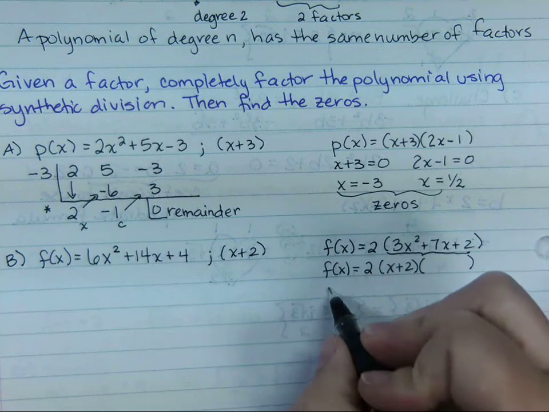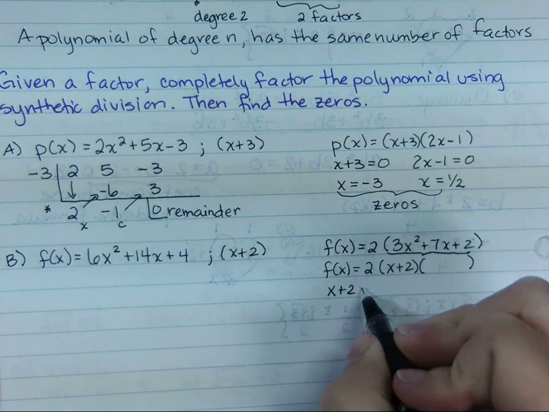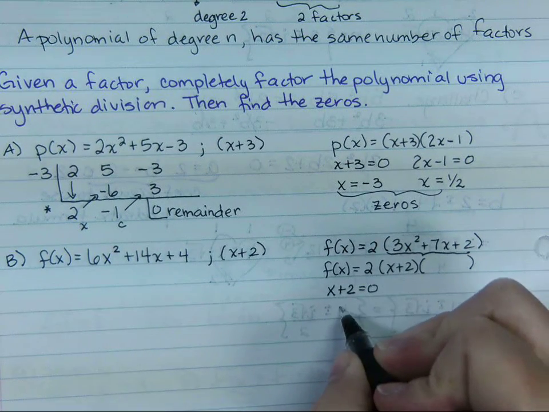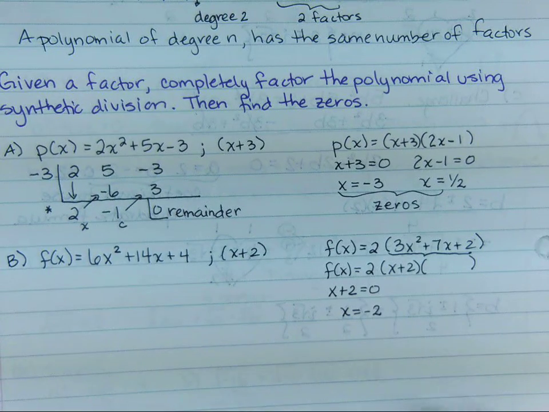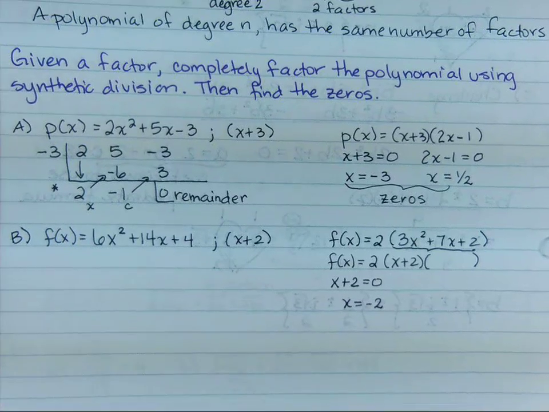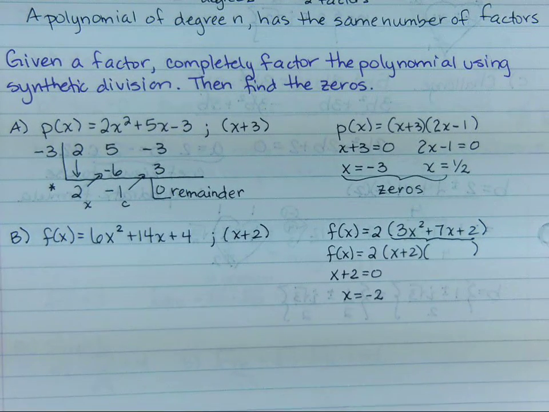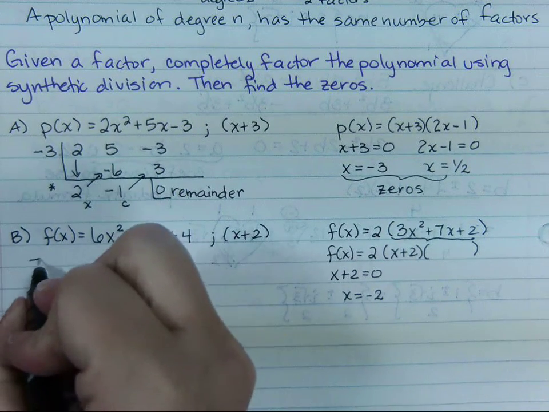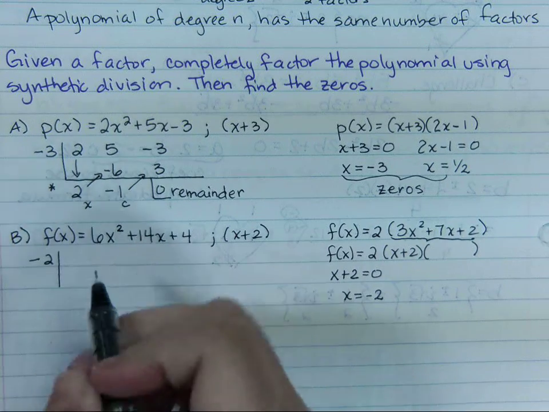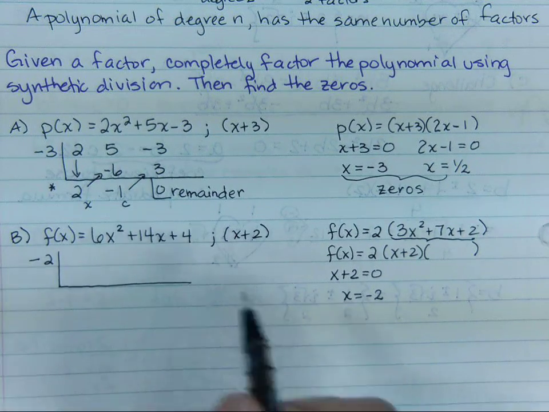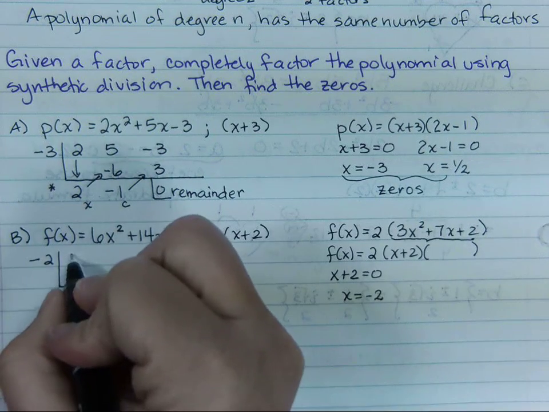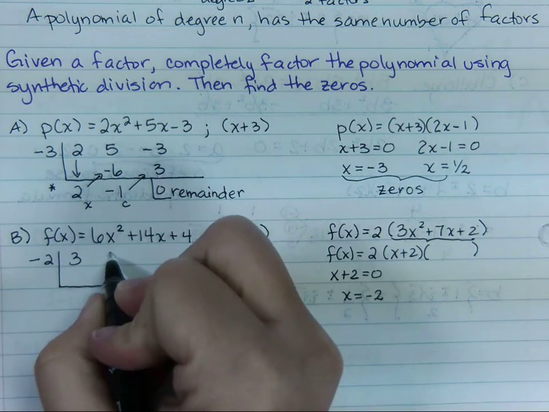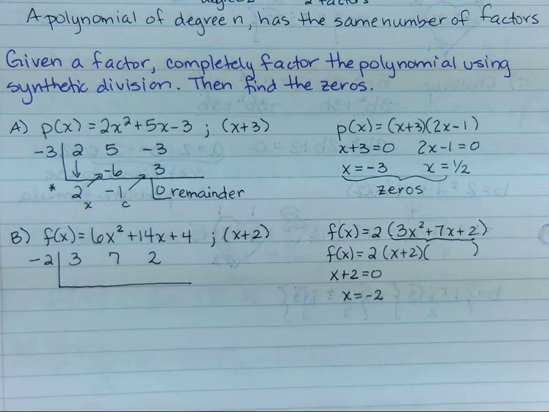So again, when I'm trying to figure out what I'm going to use on the outside of synthetic division, that's going to be part of my work as well. So I'm going to use negative 2 on the outside here. But now I'm going to use these coefficients from my more simplified polynomial. And again, that's in descending order, not missing any pieces.